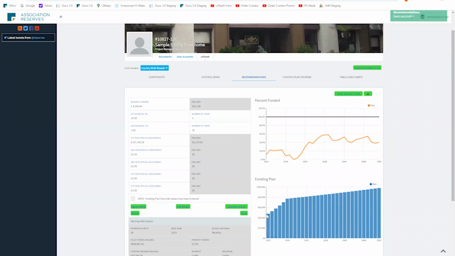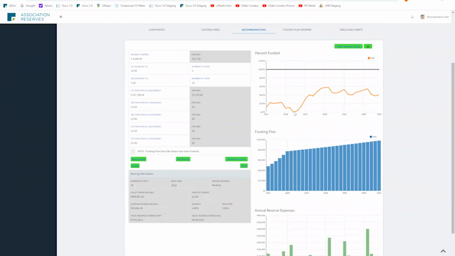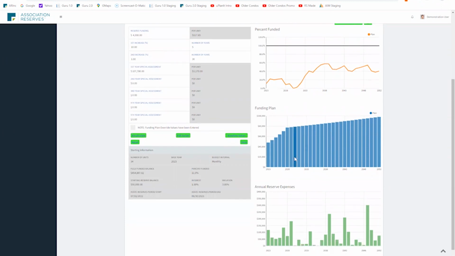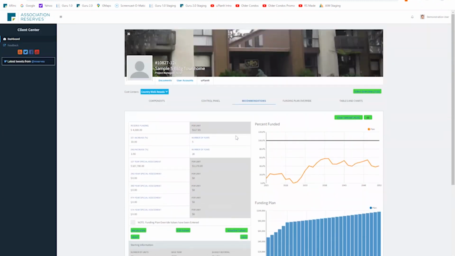If you're in a real jam and the problem is we can get through the roof project with an immediate special assessment, and maybe we can soften it for the owners by ramping them up for a few years to get them through this next big set of expenses. Different things we can do. And that's some of the things we can work with when we're dealing with cash flow funding. All right.